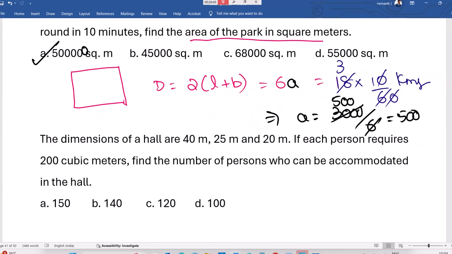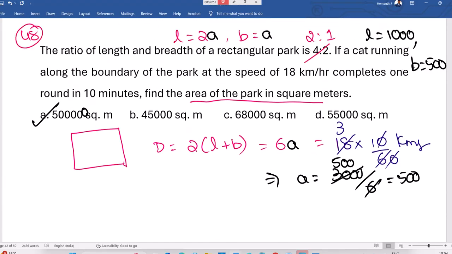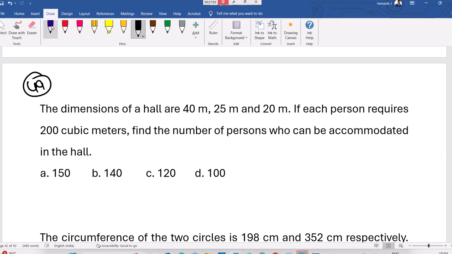Next question. Dimensions of a hall is given. One person, how much volume required is mentioned. How many can be accommodated in overall? So dimensions of a hall, length, breadth and height is given. What is the volume then?